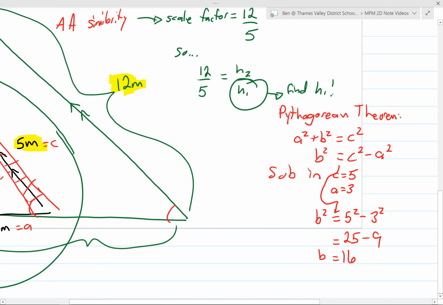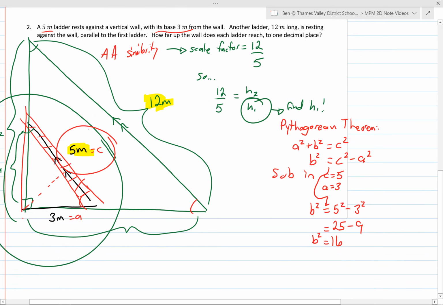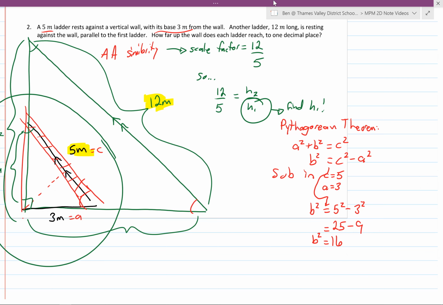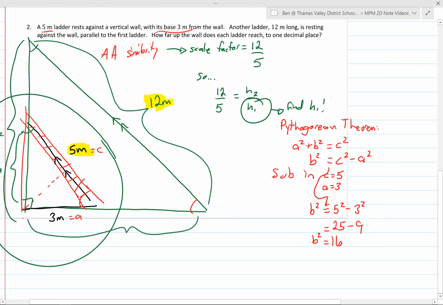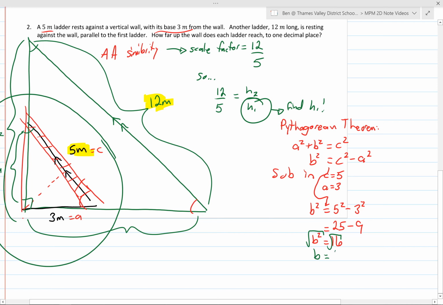So my third side length equals 16? No, that's not true, because my longest side length needs to be 5 meters. I've forgotten, we need to make sure we square root both sides. So we'll square root both sides here, leaving us with b equals 4. Square root of 16, that's 4. Fantastic. That makes more sense.